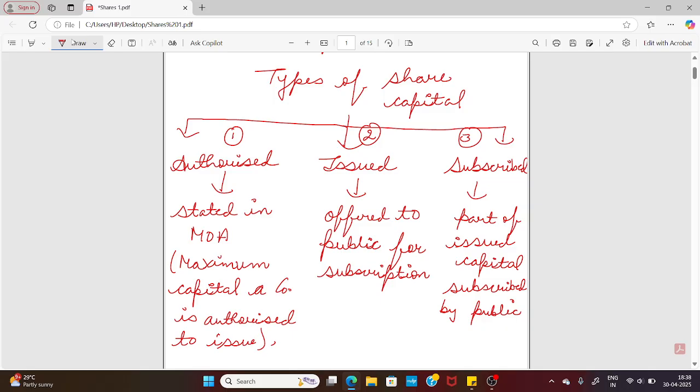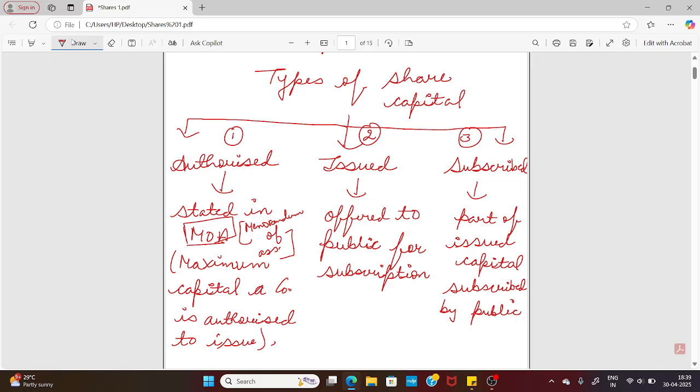Authorized share capital is basically the maximum amount of capital a company is authorized to issue in its lifetime. This amount is normally mentioned in the MOA, the Memorandum of Association. This is a document that a company makes, known as the Memorandum of Association, and this is the document in which the authorized share capital amount is mentioned.